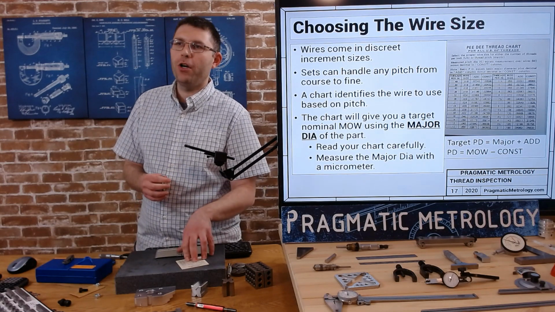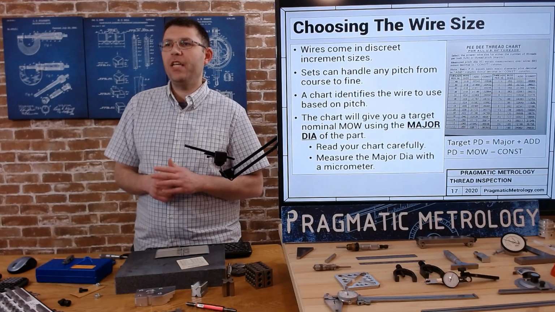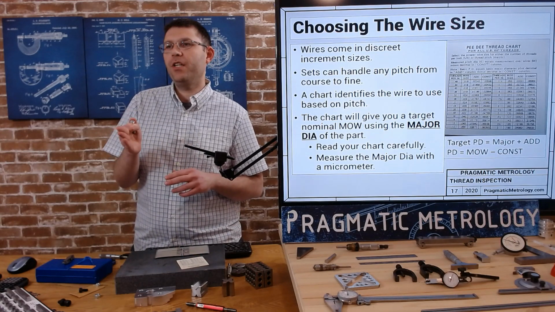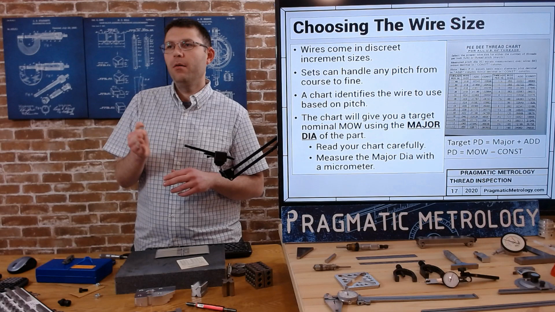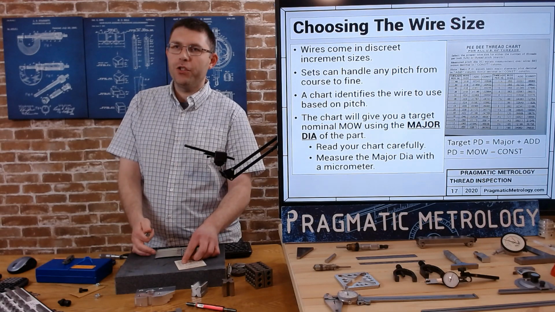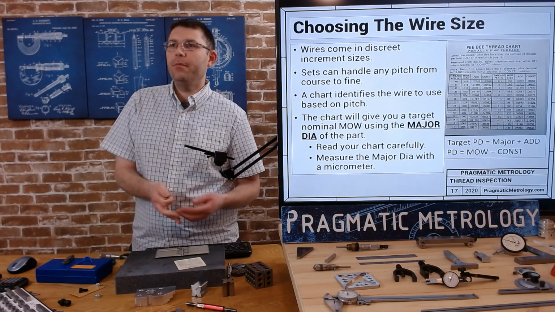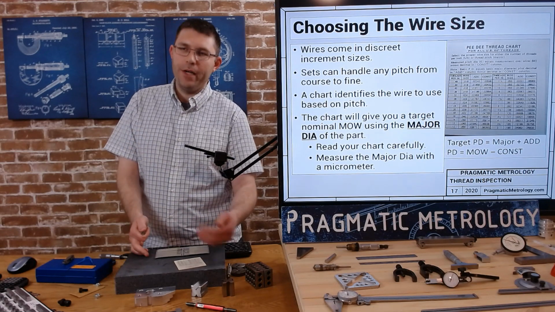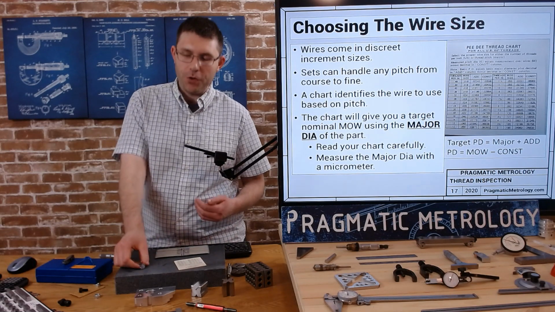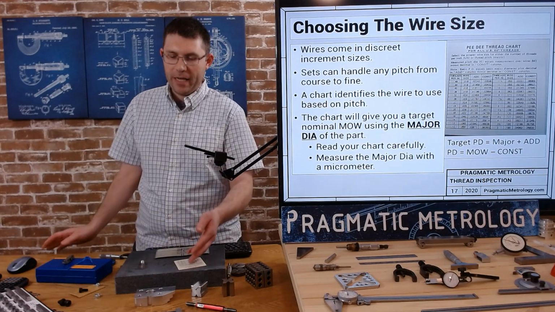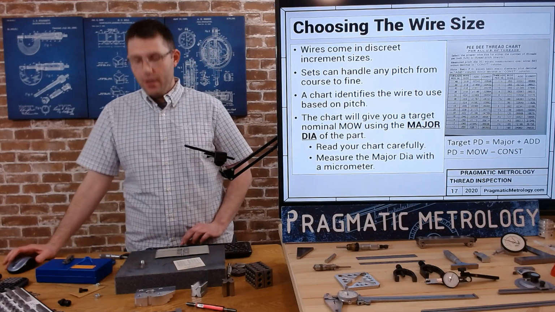So look at your chart carefully. For example, you can do a target pitch diameter equals your major plus what you add from the chart, and then your pitch diameter equals the measurement over wires minus the constant. So you can work with it either way. The chart has both options for you.